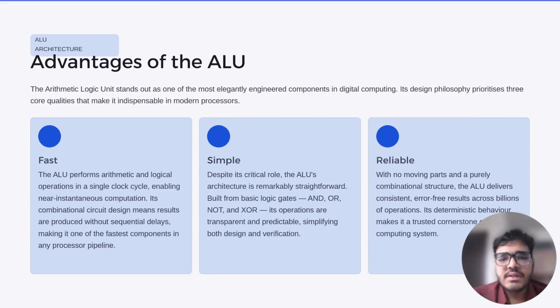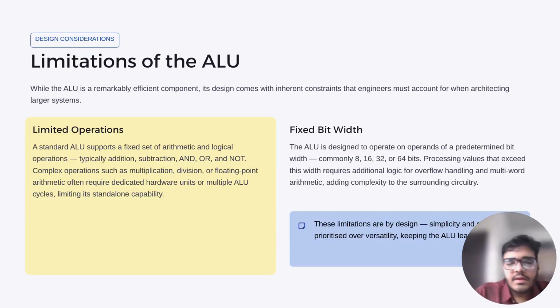Now the advantages of the ALU. The ALU is fast, simple, and reliable. It performs operations quickly, it is easy to design, and it produces consistent results. Now the limitations of the ALU. The ALU has some limitations as well.